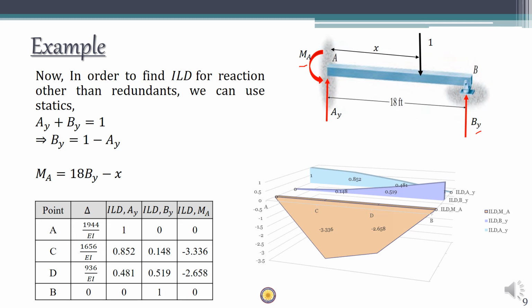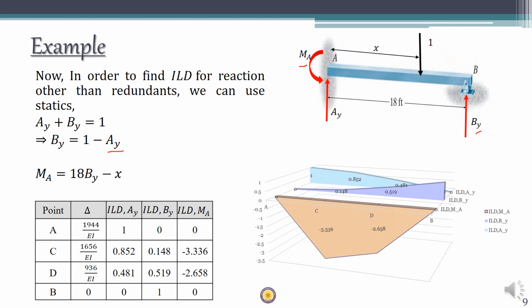If you take sigma Fy equal to 0, AY plus BY equal to 1, which means BY is equal to 1 minus AY, so the ILD for BY is going to be 1 minus the ILD for AY. So you can find the coordinates of the ILD for BY here. It is 1 minus 1 is 0, 1 minus 0.852 is 0.148, and so on. If you plot that, you get something like this, which is nothing but a parabolic spandrel.